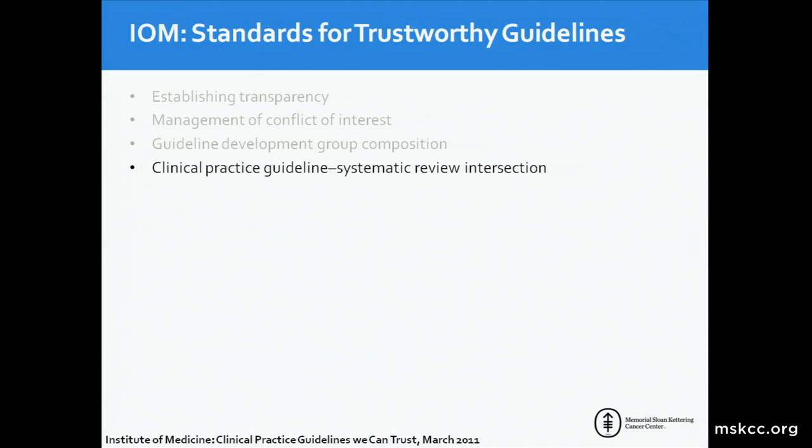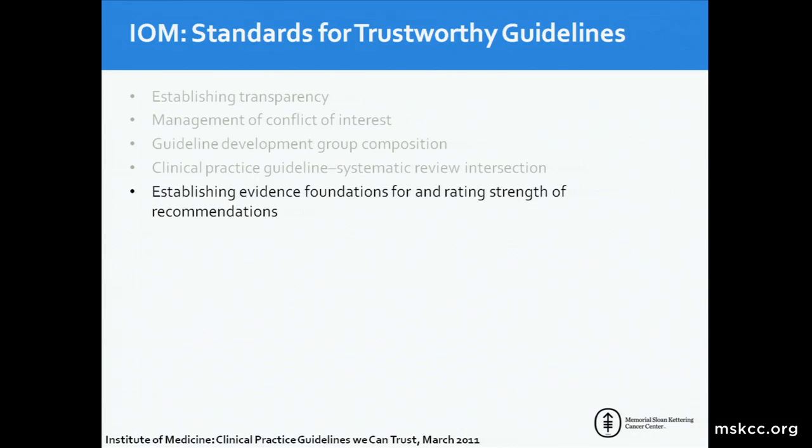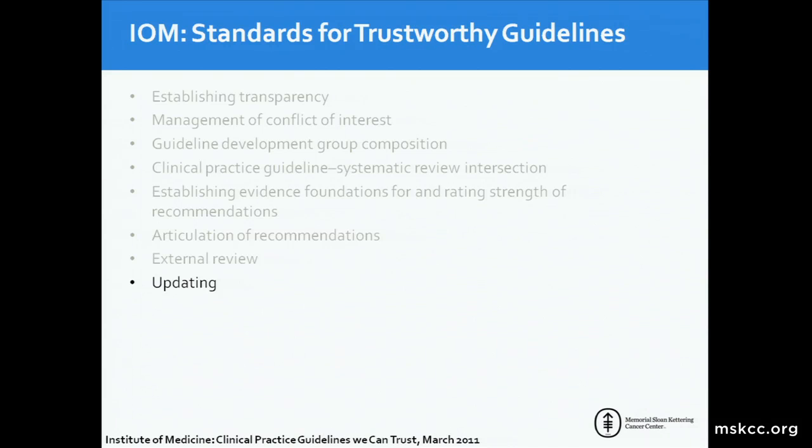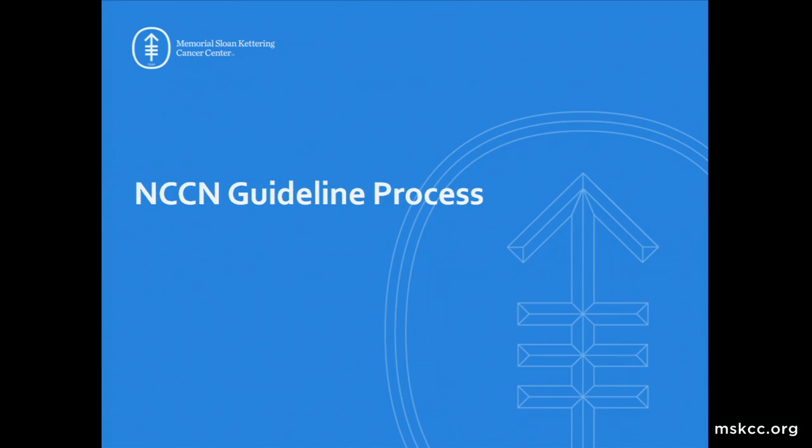Clinical practice guidelines and systematic review have to intersect, and we have to have clear evidence foundations and strength rating of recommendations, and then we have to actually let everyone know. They should be externally reviewed and updated on a regular basis.